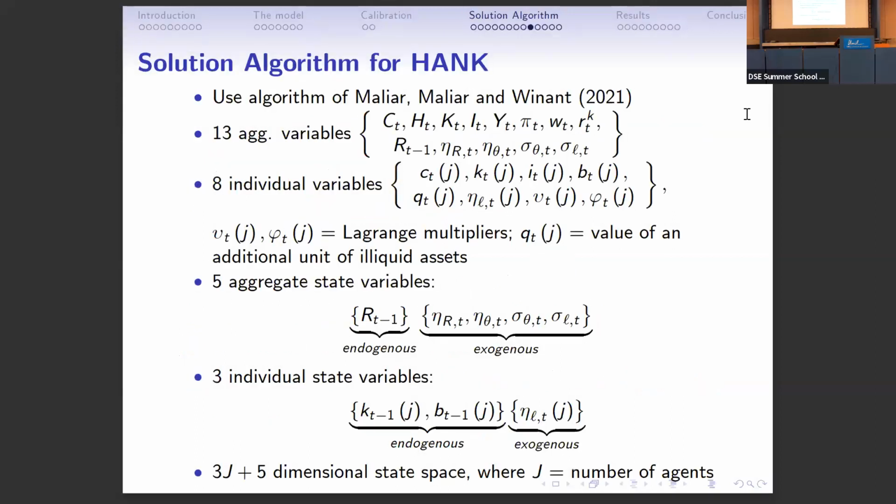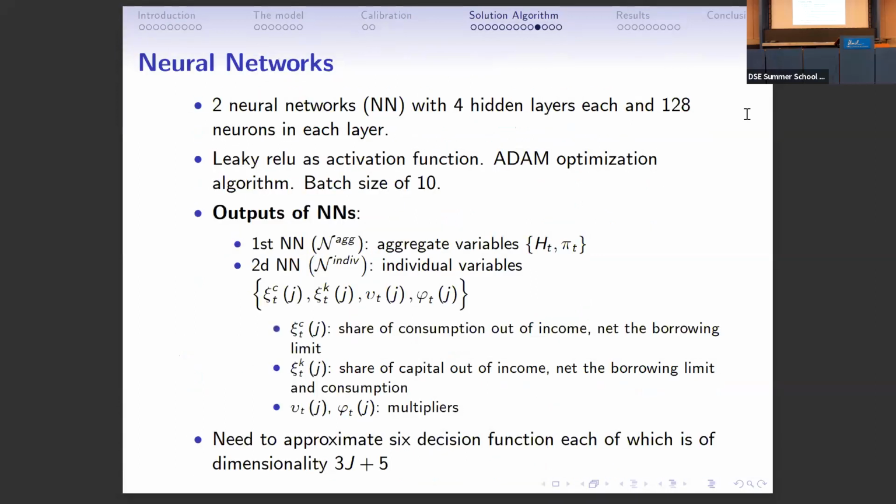When we go to the HANK model, things get more complicated. In particular, you will need two neural networks. We use this architecture: one is for aggregate variables, in our case labor and inflation, and a second neural network is for individual variables, which are shares of consumption, capital, and some multipliers.